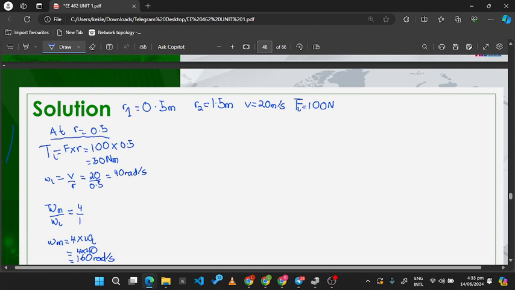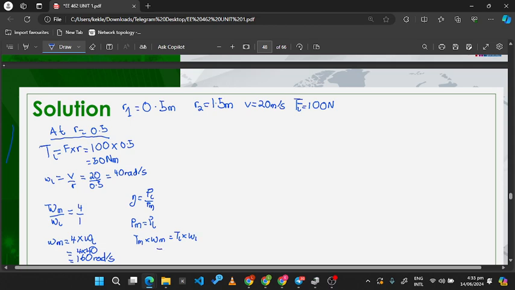We know that since it is 100%, our efficiency is the load power over the motor power. If you are assuming 100% efficiency, then it means PM is equal to PL, and power is given by torque times speed, right?